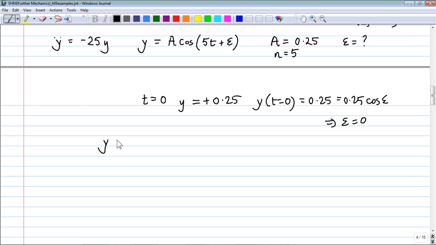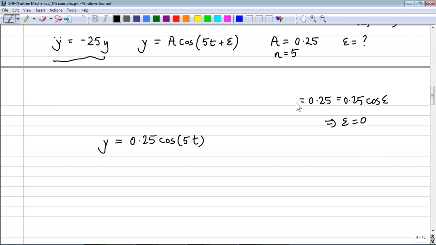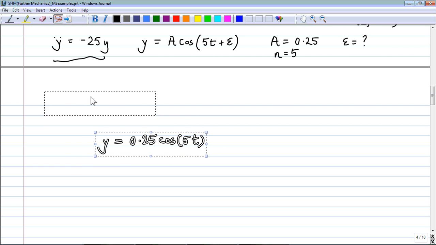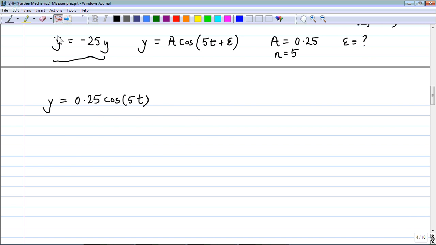So the specific solution to this equation in this question is y equals 0.25 cos 5t. It's worth remembering that when a particle starts its motion at the extreme point, the maximum point of displacement, the particular solution will have epsilon equals 0.